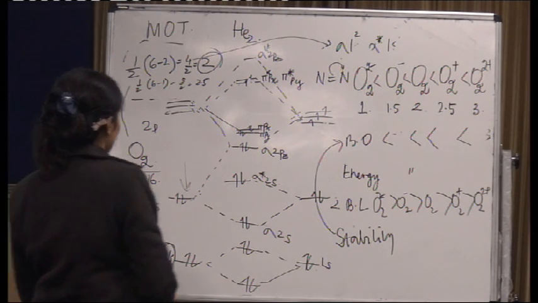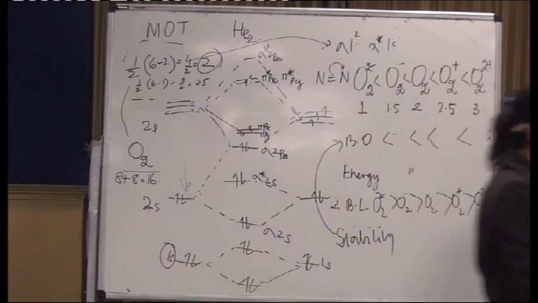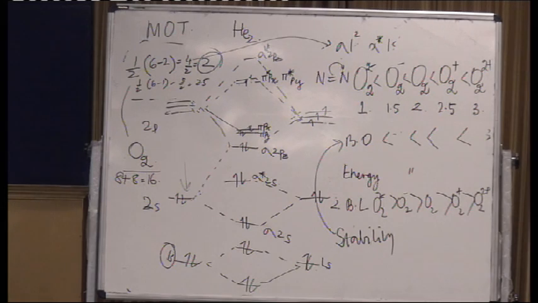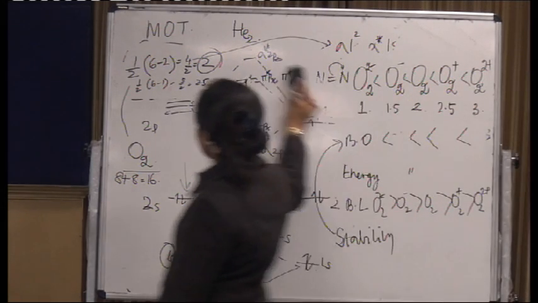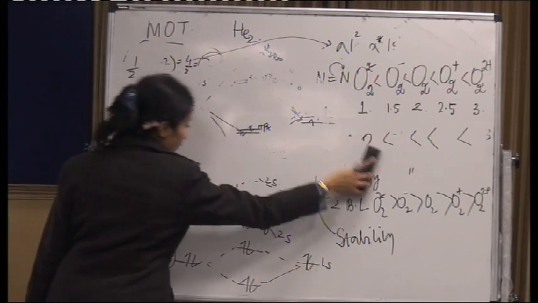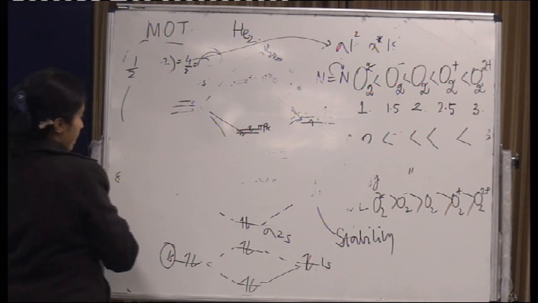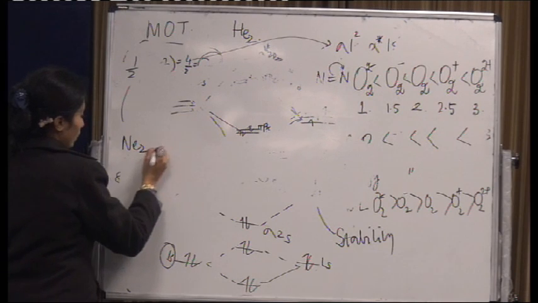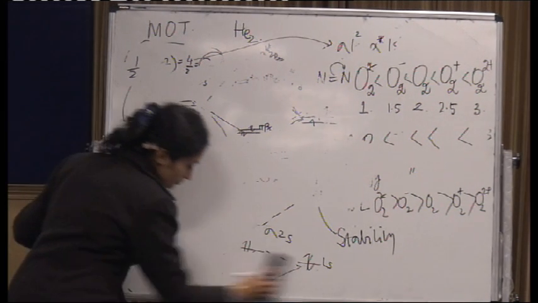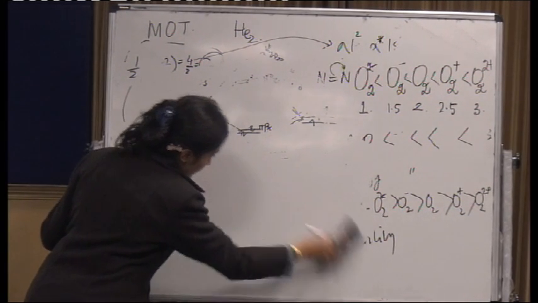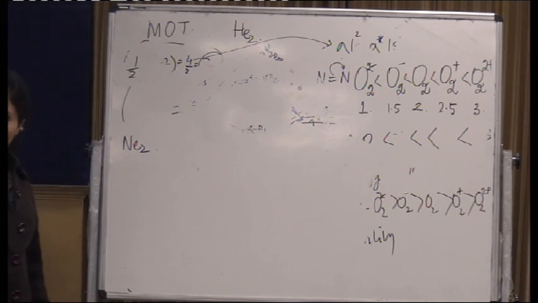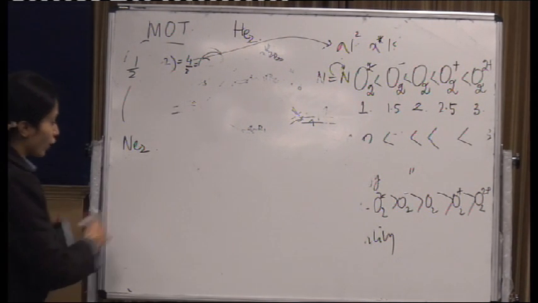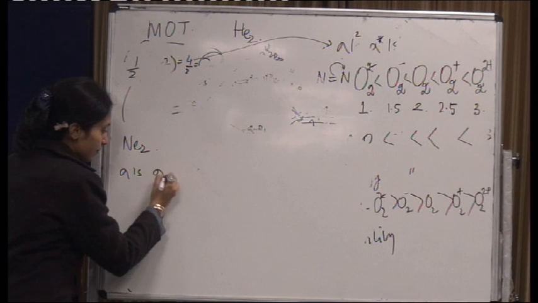Okay? Now just quickly do it for Ne2, neon 2, and tell me what will be the bond order for Ne2. You can straight away fill up the electronic configuration also. You know the order. Now you know sigma 1s, sigma star 1s.